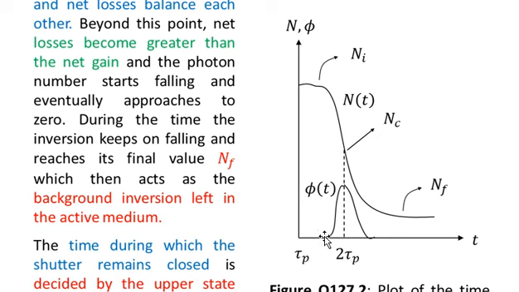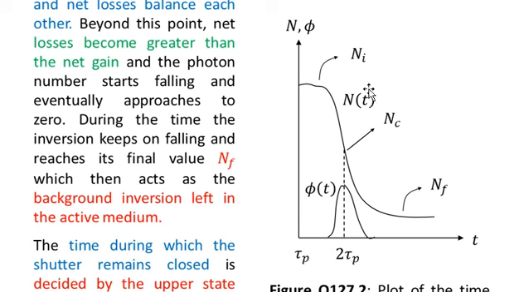It will increase after some delay, because the population inversion stays constant for some time and then starts decaying. At the same time, the number of photons in the cavity starts increasing.